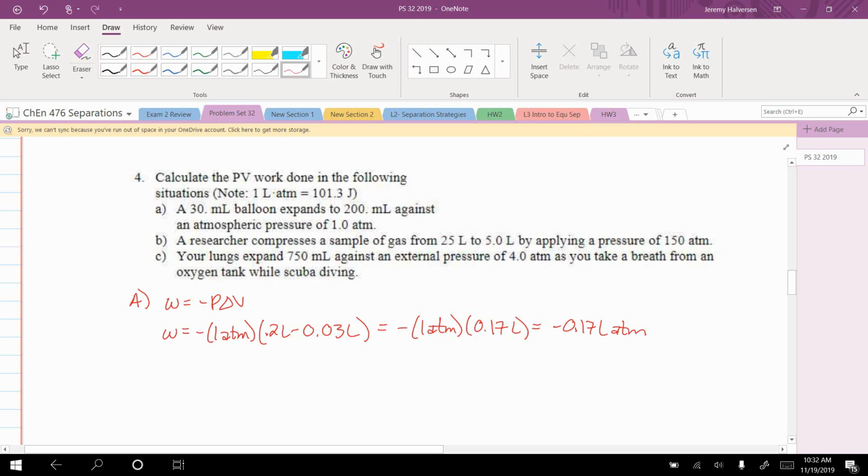Why is it negative? Well, it should be negative because the balloon is expanding, so that means that the system's doing work. And we said when the system does work, that should be a negative value. Okay, so that's in liter atmospheres. But then let's also put it in joules.